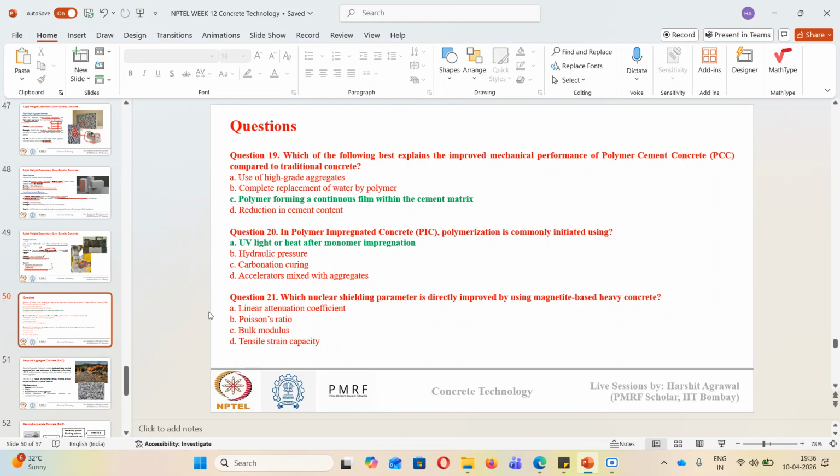Question number 21. Which nuclear shielding parameter is directly influenced by magnetite based heavy concrete? So when we talk about nuclear shielding, which parameter is influenced when we use heavyweight concrete?